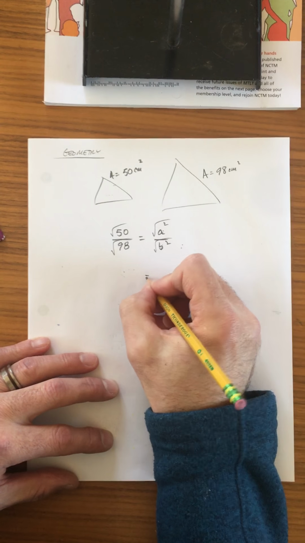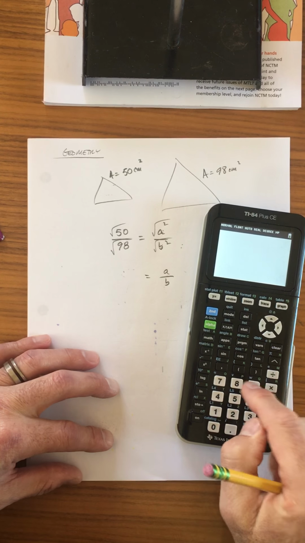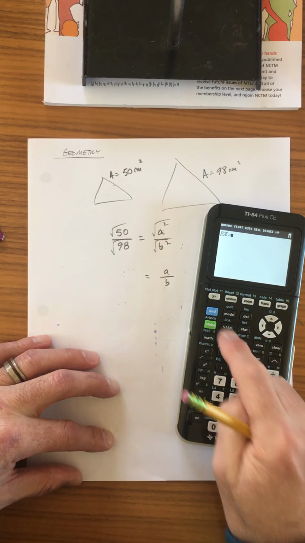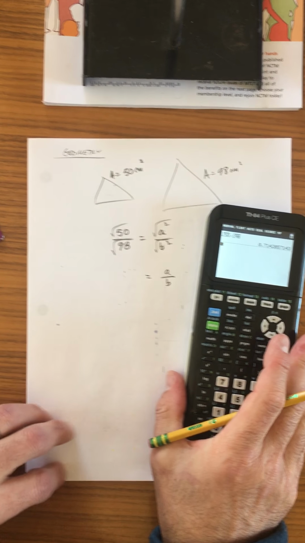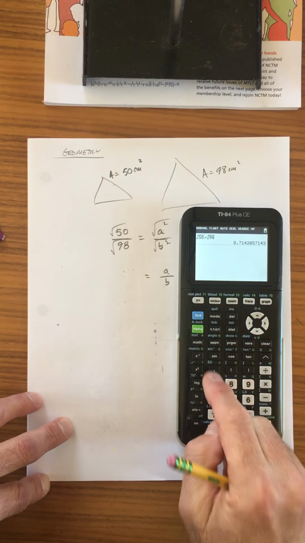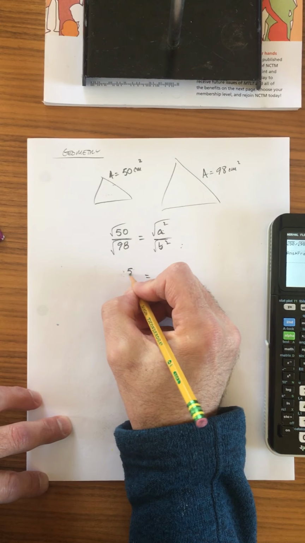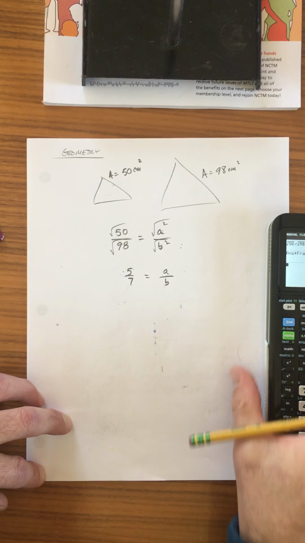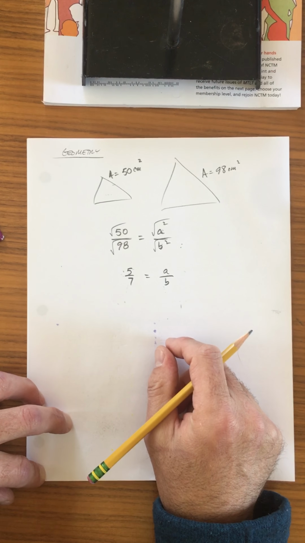So let's do that. A over B. Let's do the square root of 50 divided by the square root of 98. And we get 0.71. And so now I'm going to go math, fraction, and it's the same as 5/7. Okay, so that's the ratio of the perimeters or the sides.